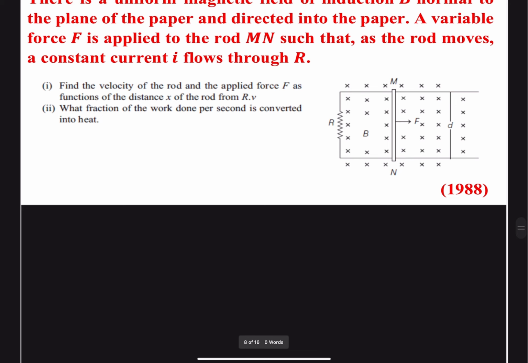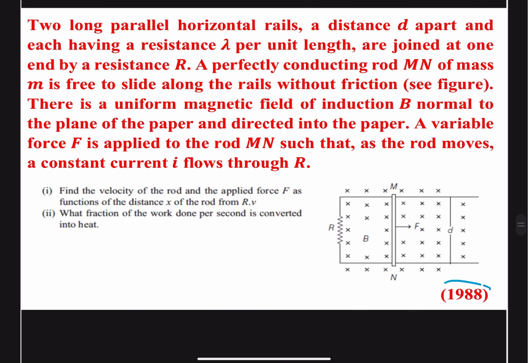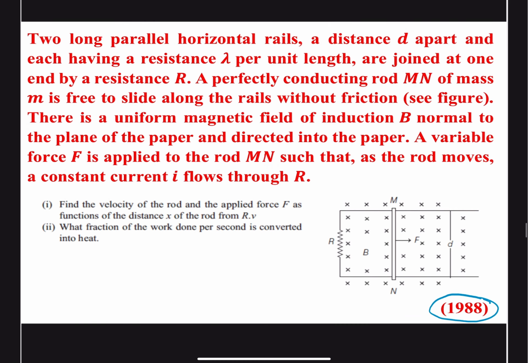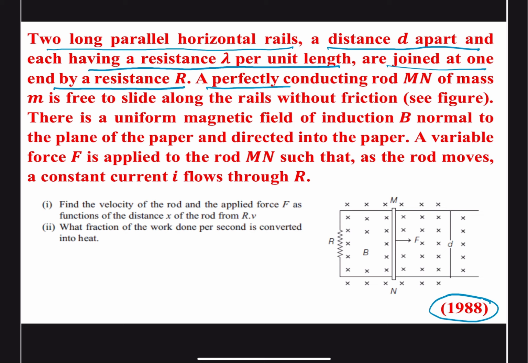And in the third question, which was asked in the year 1998, it is given that two long parallel horizontal rails, distance d apart, each having a resistance lambda per unit length, are joined at one end by a resistance R. A perfect conducting rod MN of mass m is free to slide along the rails without friction.